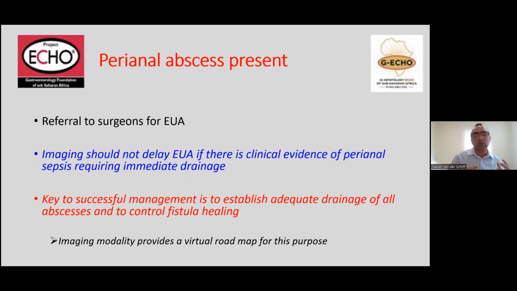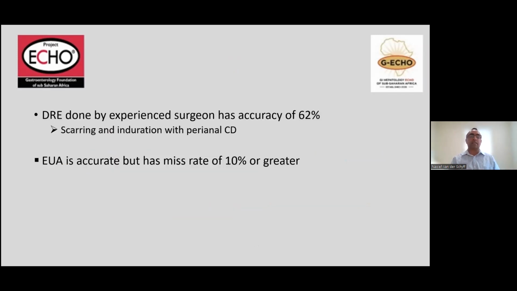While it's important to image the patient, imaging should not delay EUA if there is clinical evidence of peri-anal sepsis that requires immediate drainage. The key to successful management is to establish adequate drainage of all abscesses and to control fistula healing. Imaging plays a very important role in providing a virtual roadmap to define the peri-anal anatomy.